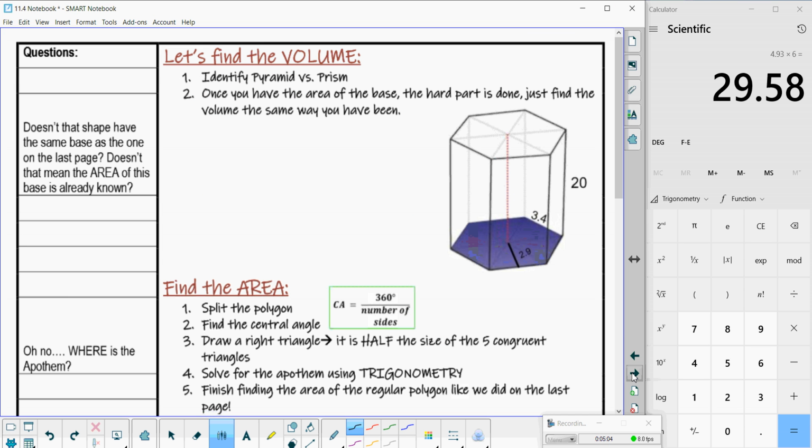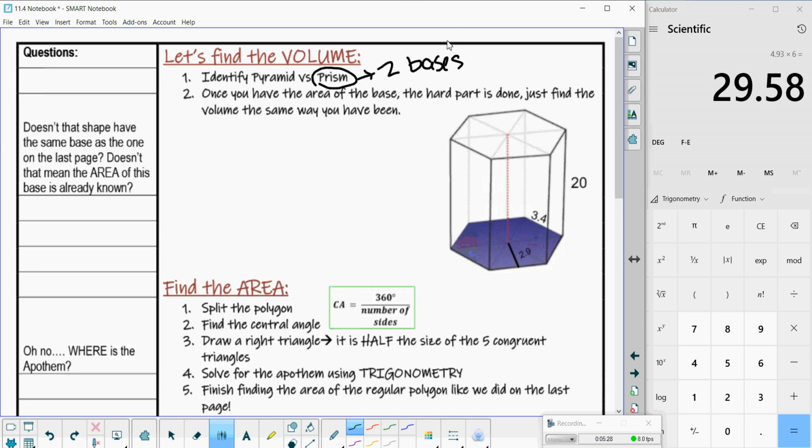All right, let's find the volume. So step one is identify it as a pyramid or a prism. And so pyramid has one base, prism has two. I see two bases here, and so it's going to be a prism. I'm going to make note, two bases.